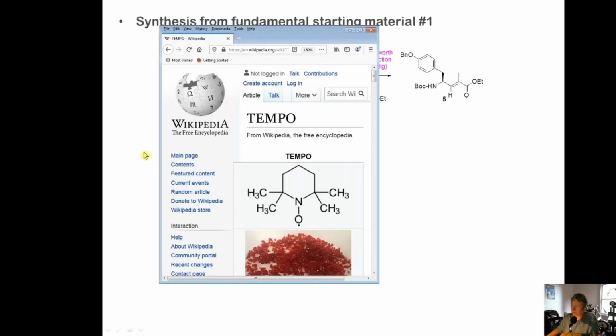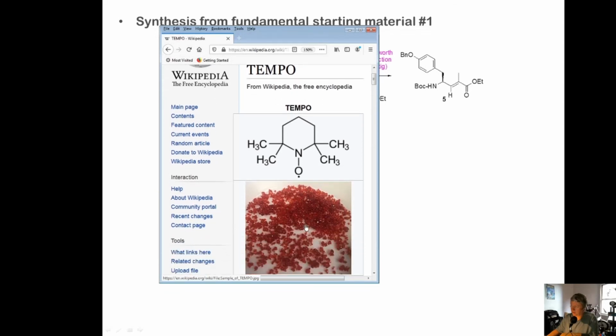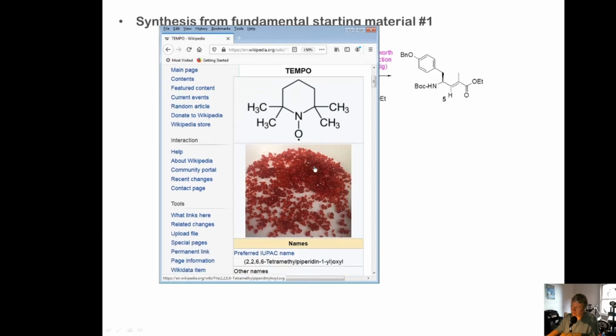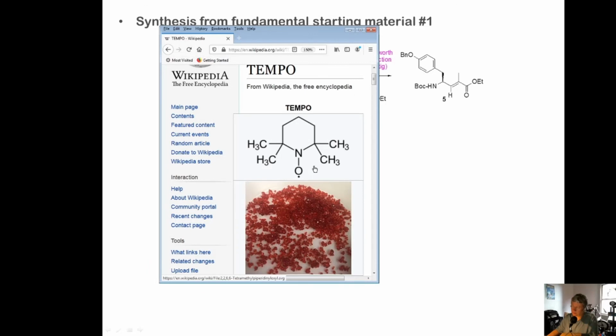There's TEMPO. It actually shows it right underneath. It's a weird red crystalline solid. It's a rare example of a stable free radical. So it's a nitrogen-oxygen radical. You can purchase it and hold on to it indefinitely. It's pretty much indefinite shelf stability. Very rarely are radicals stable molecules.